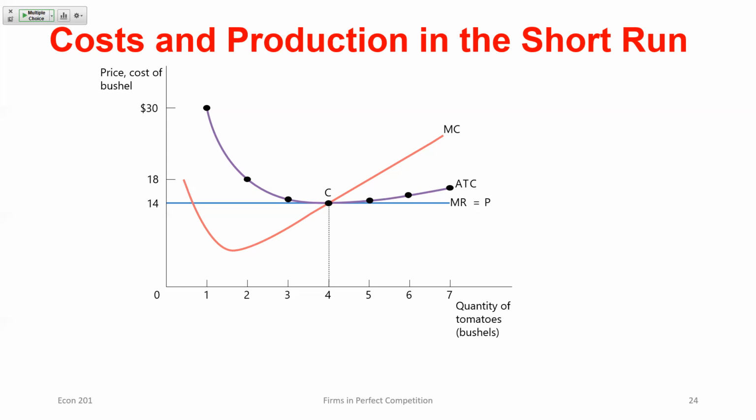Anytime this marginal revenue curve hits marginal cost below my average total cost line, I'm going to have negative profits. Anytime the marginal revenue or the price hits my marginal cost curve above the average total cost, I know that rectangle will represent positive profits.